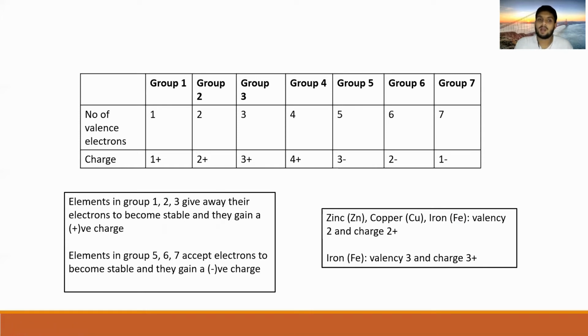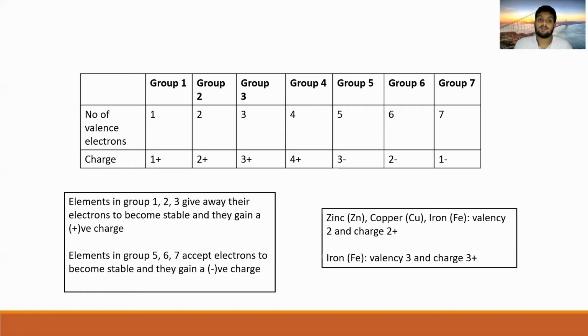Now these electrons have a charge. Why do they possess a charge? Because when they give away valence electrons, or accept other valence electrons, they will possess a charge. For example, elements in group 1, 2, and 3 are all metals.